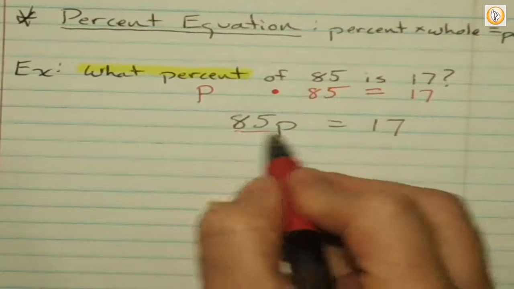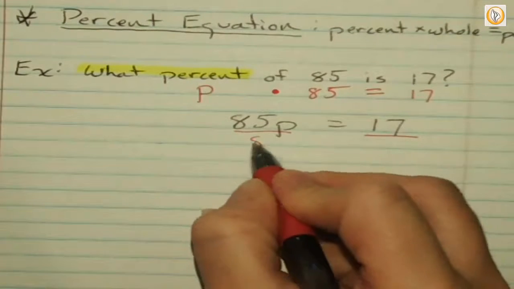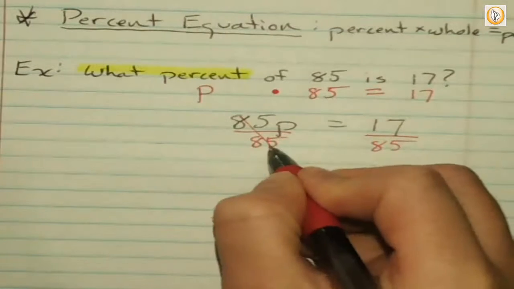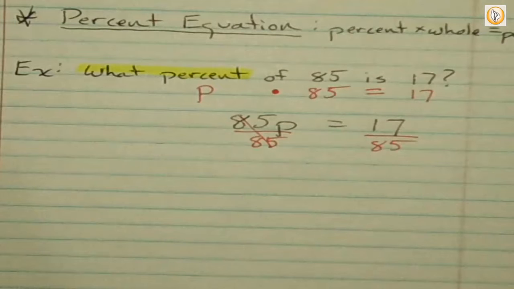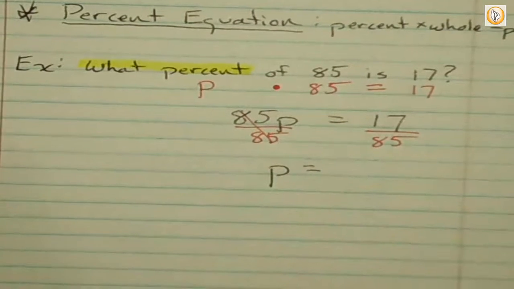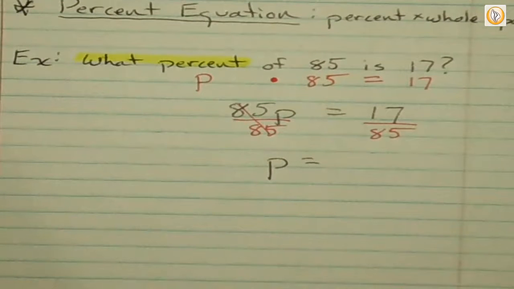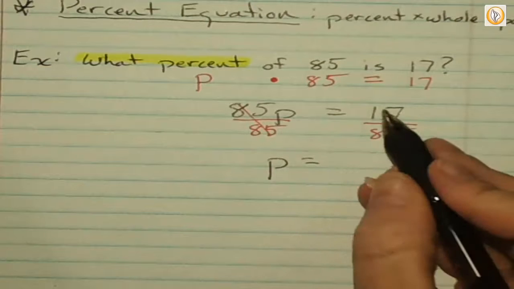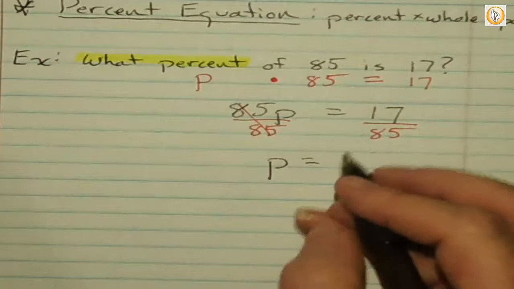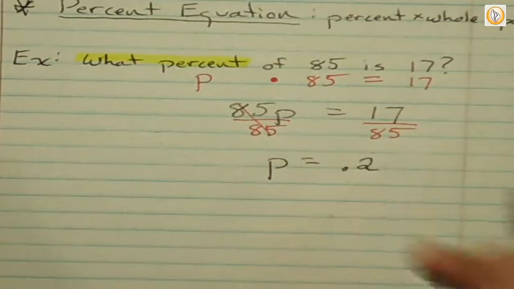Dividing by 85. That's right, we're solving for the percent, which is P, so we're dividing both sides by 85. And I get P equals what? 20%. Okay, what did you get? 17 divided by 85 is 0.2.